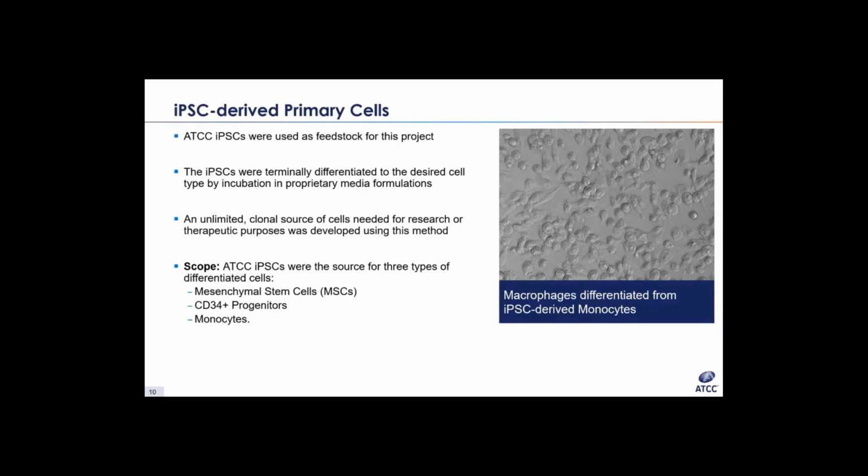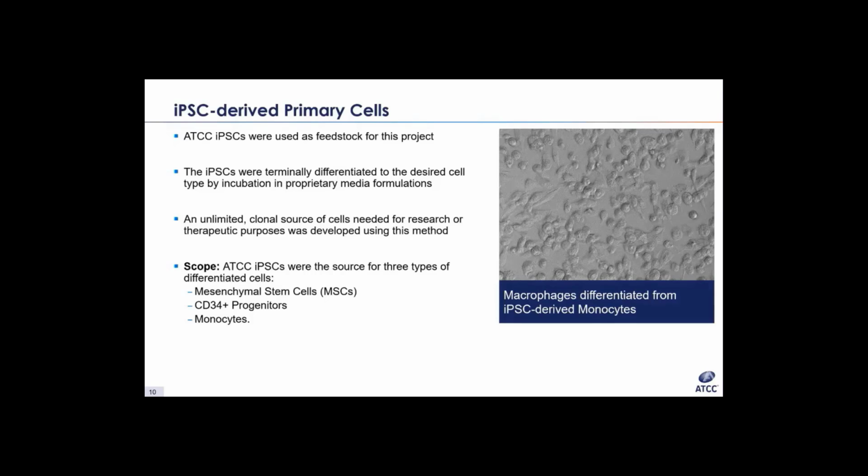For differentiation, the iPSC-derived cells were differentiated to the desired cell type via incubation in proprietary media formulations. Also, since we used in-house produced iPSCs, we can supply the parental iPSCs, which can be used as a control if needed.